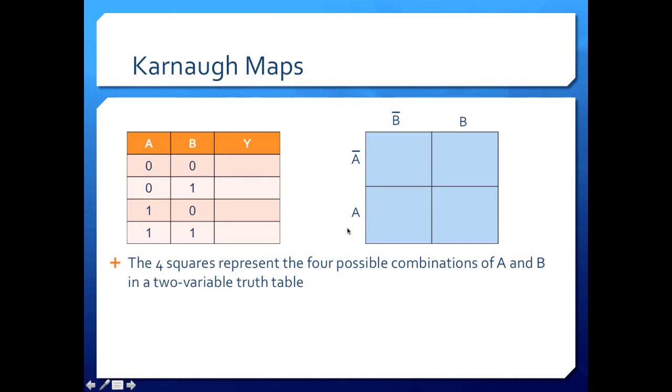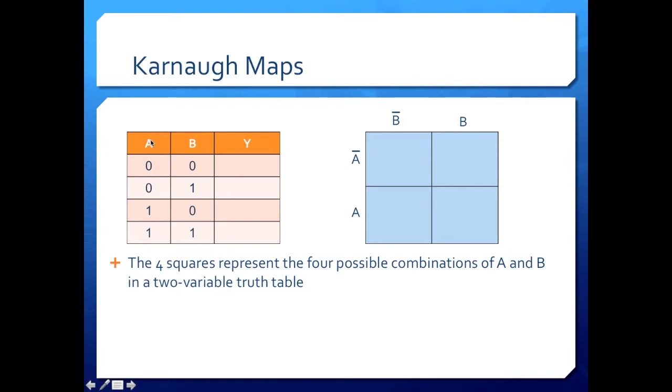So the 4 squares that represent these 4 different possibilities from the truth table really stem from this combination of 2 inputs, and we know from previous years and lessons, if we have 2 inputs, 2 to the power of 2, then we have 4 possible combinations. Likewise, if we had 3 inputs, then it would be 2 to the power of 3. We'd have 8 possible scenarios or combinations.